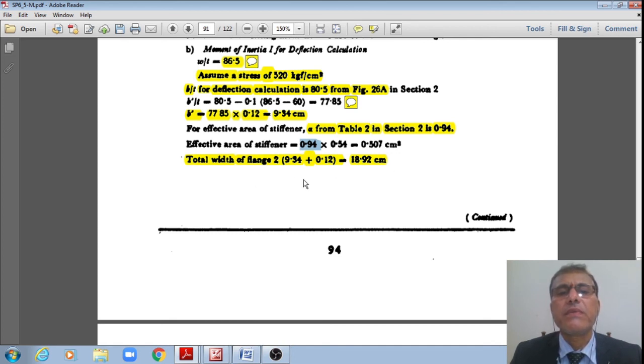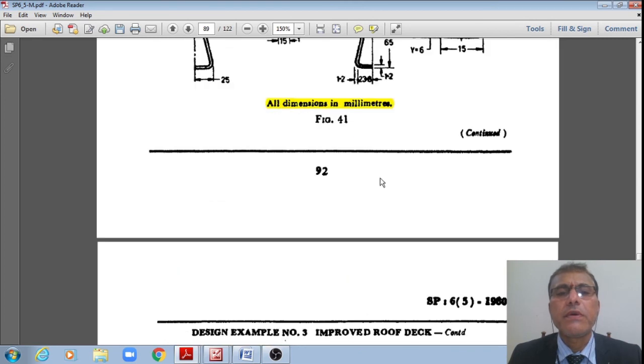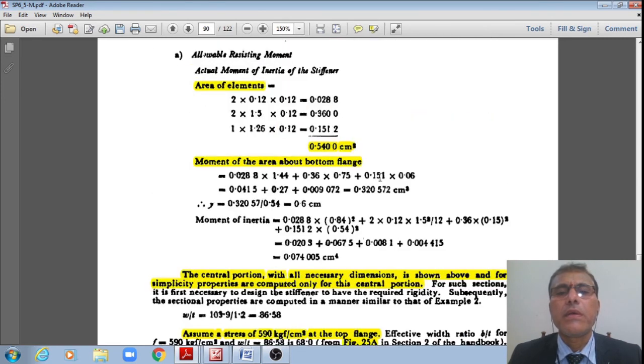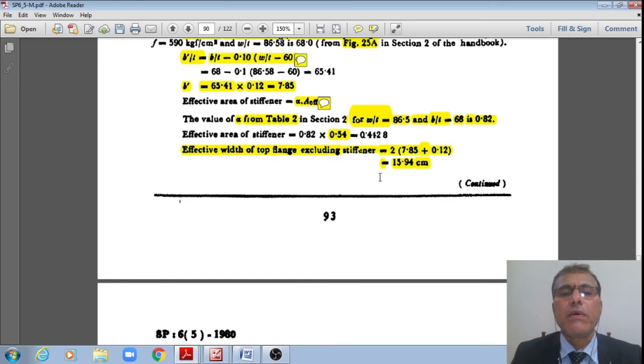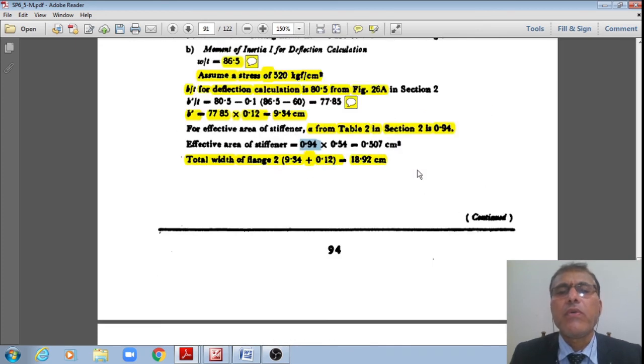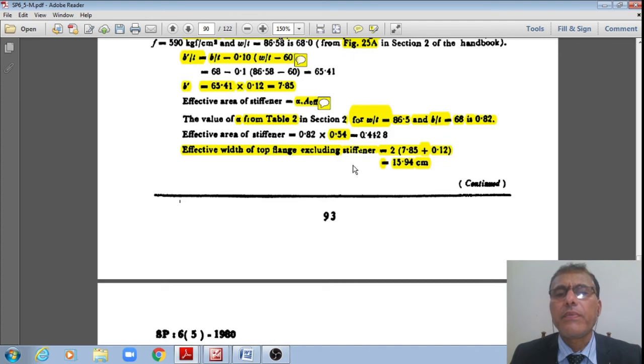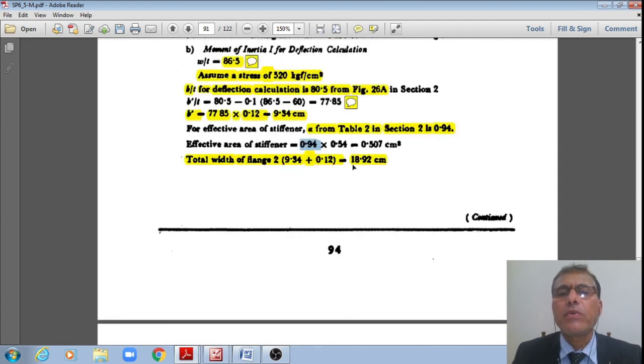Therefore, the total width of this flange is equal to 2 multiplied by 9.34 plus 0.12, which works out to 18.92. Whereas in the previous case, for the load calculation, it was just 15.94, now for the deflection calculation it has improved from 15.94 to 18.92.